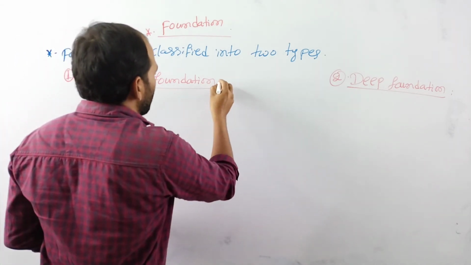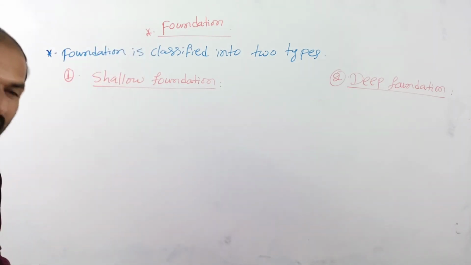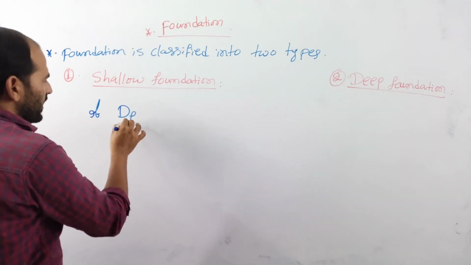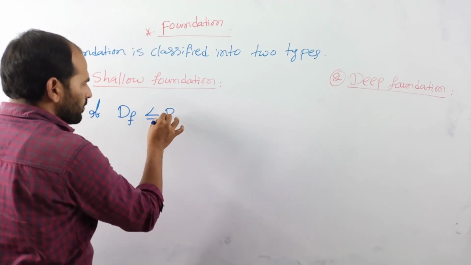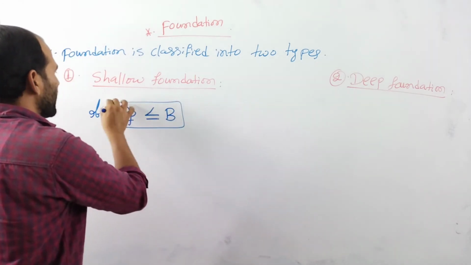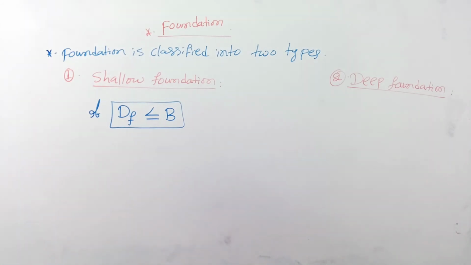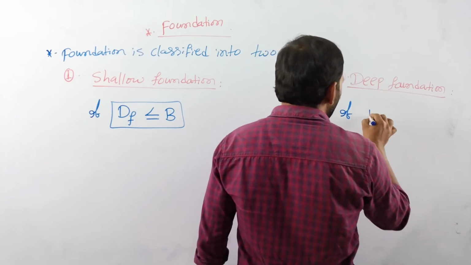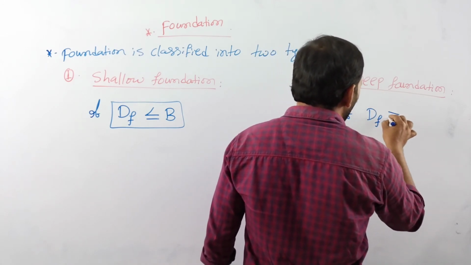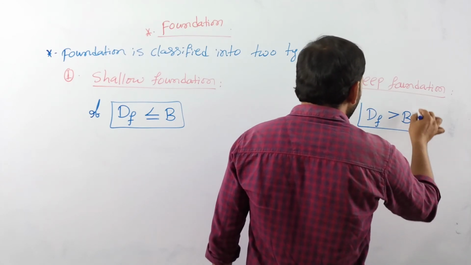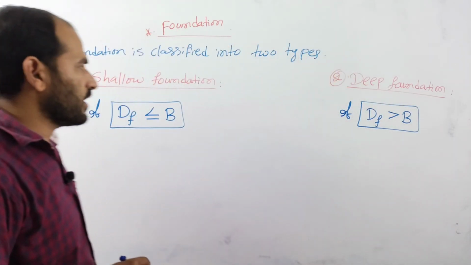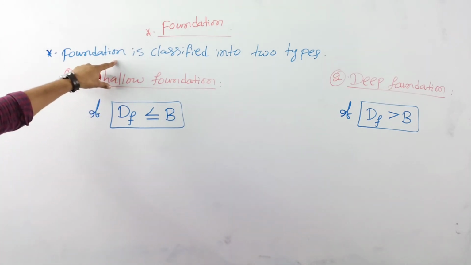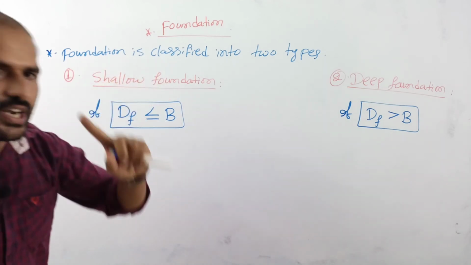What is a shallow foundation and what is a deep foundation? If the depth of the foundation is less than or equal to the width of the foundation, it is treated as a shallow foundation. If the depth of the foundation is more than the width of the foundation, it is called a deep foundation, right?